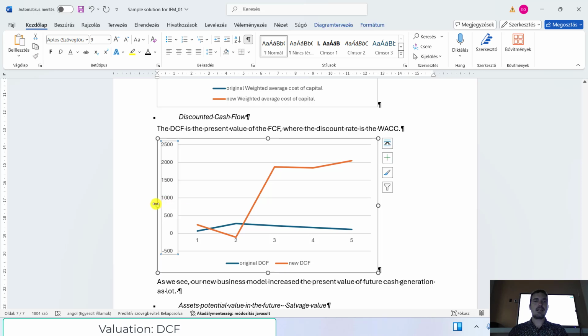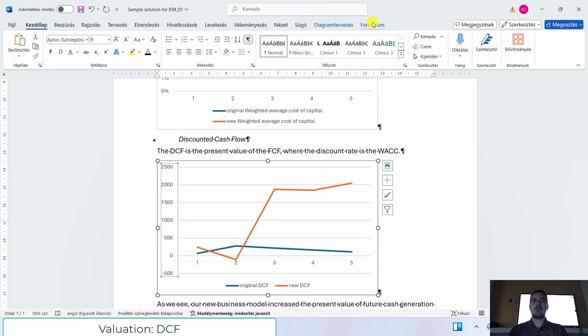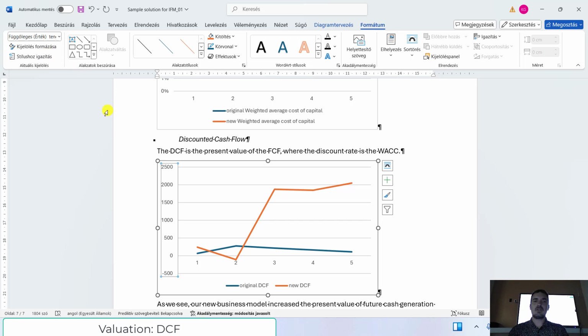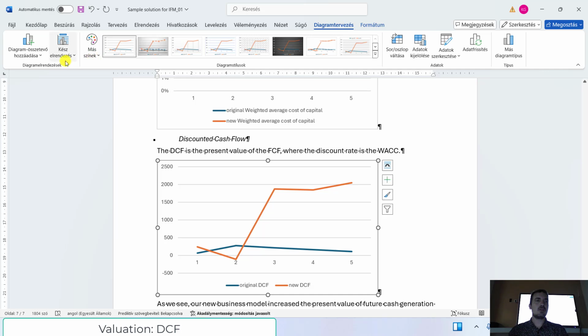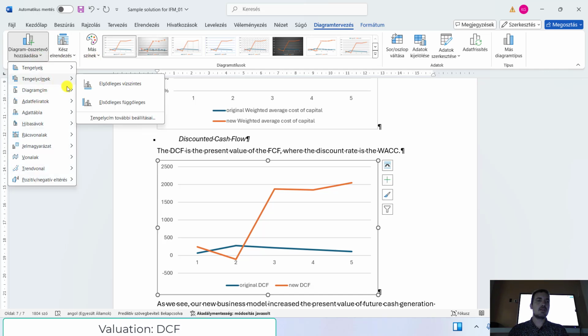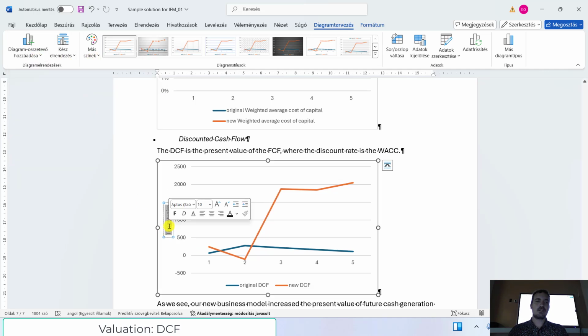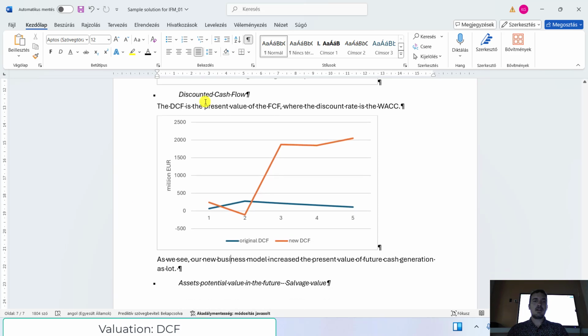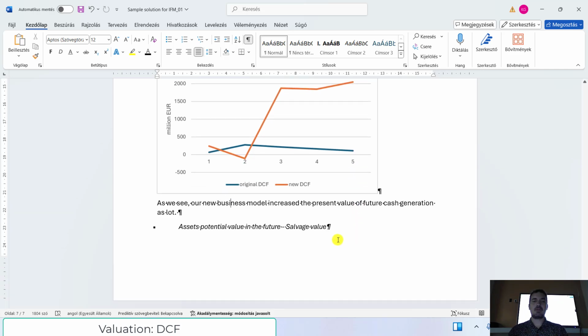So again, it's nice to add million euros. Yeah. So we are generating more money than before, even at the level of present values.